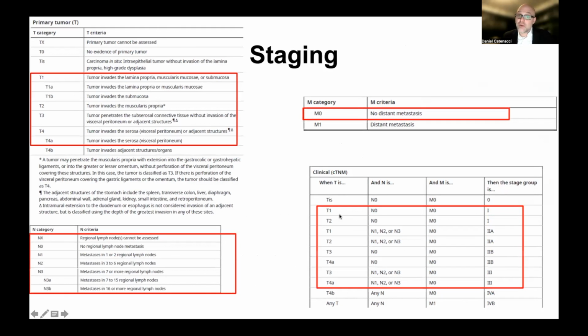Again, the higher the stage of T and or N, and the final stage, the higher the risk that there is microscopic metastatic disease at the time of diagnosis, at the time of going to surgery. It's just that we don't know it's there. And some patients have that and some patients don't. And so without any further information, we do surgery in these patients because a proportion of them can be cured, despite knowing that a proportion will also recur.